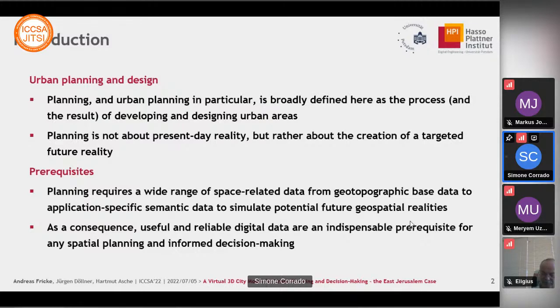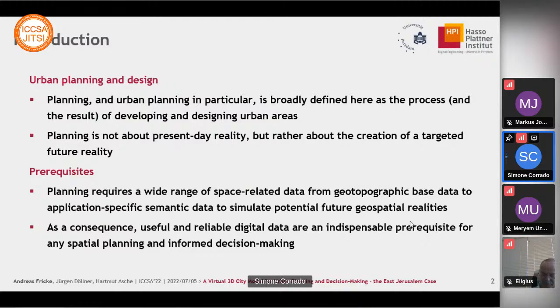And if we're talking about planning, we are not talking about present-day reality, but about the next future, the next development and the next phase of urban cityscaping, to shape the future reality.